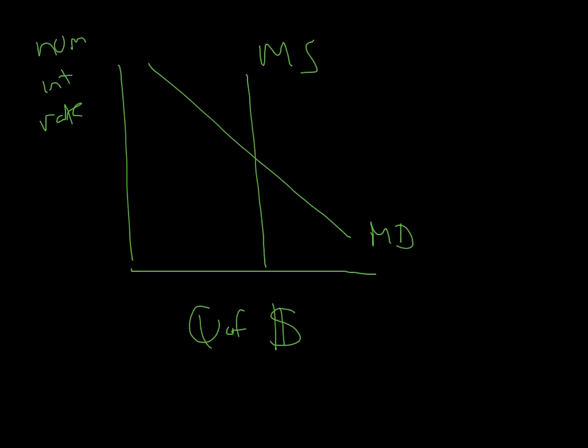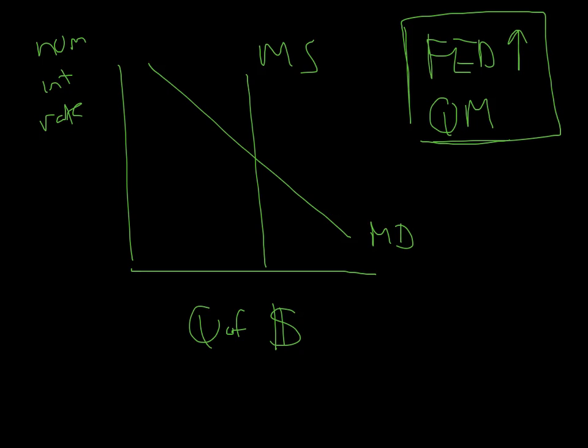So suppose there can be, as we know, recessions, too slow economies, or too high inflation, too fast economies. So the Fed sometimes intervenes, or frequently intervenes, and changes the quantity of money. So suppose the Fed wants to increase the quantity of money. And the quantity of money, by that we mean the money supply.